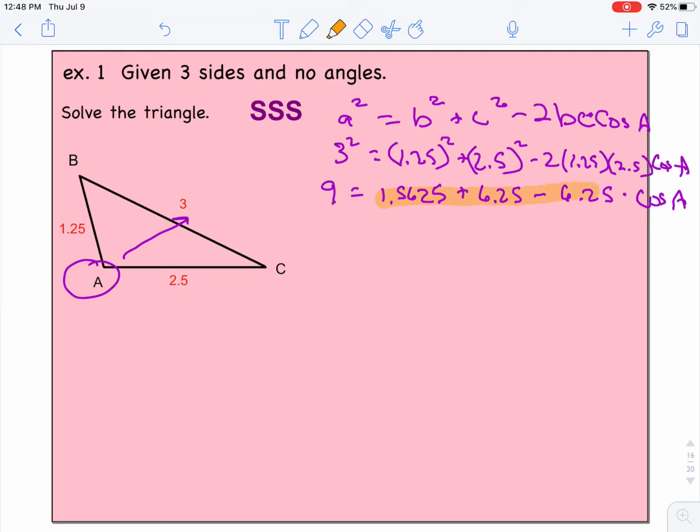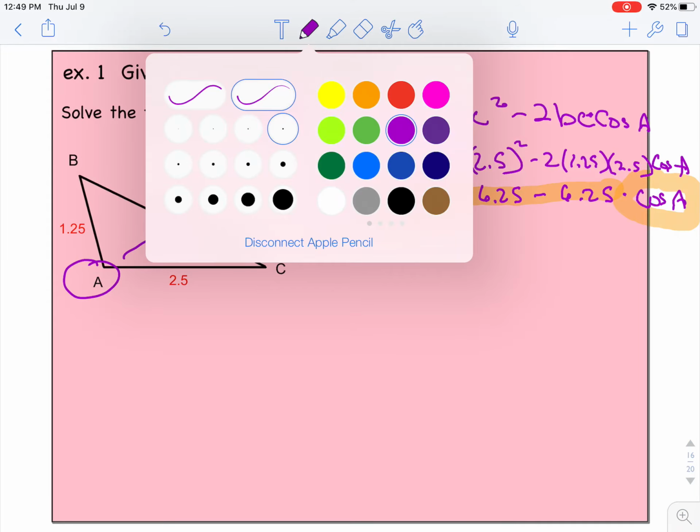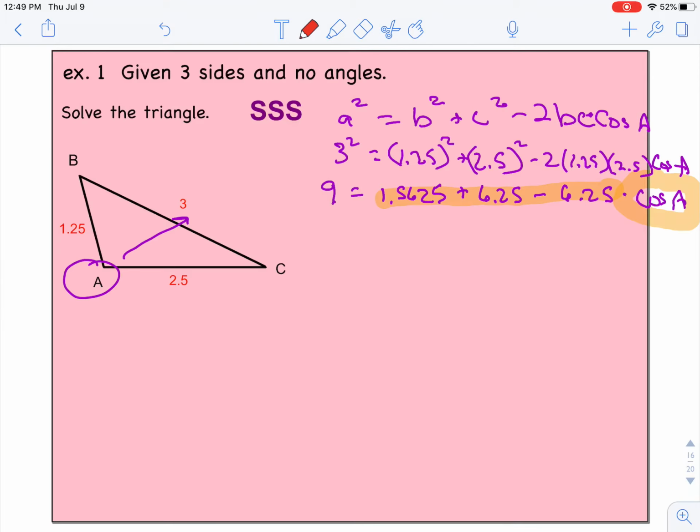Now, what a lot of people want to do right now is take this, add it with this, and then subtract that. You cannot do that because this cosine of A is like a variable. It would be like if you had 9 equals 1.5 plus 6.25 minus 6.25x.